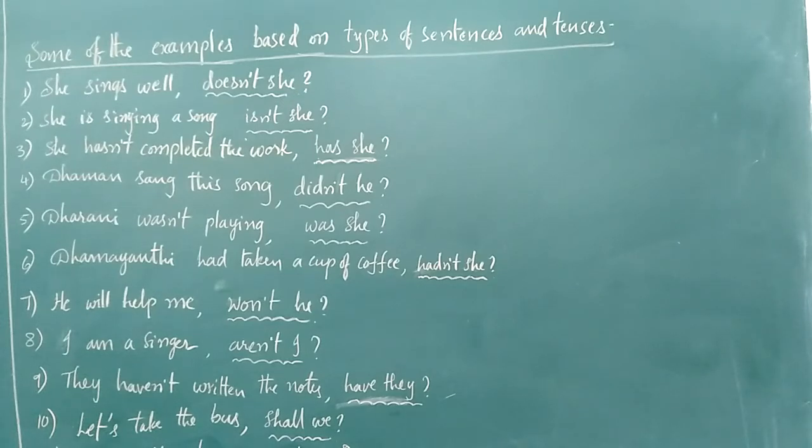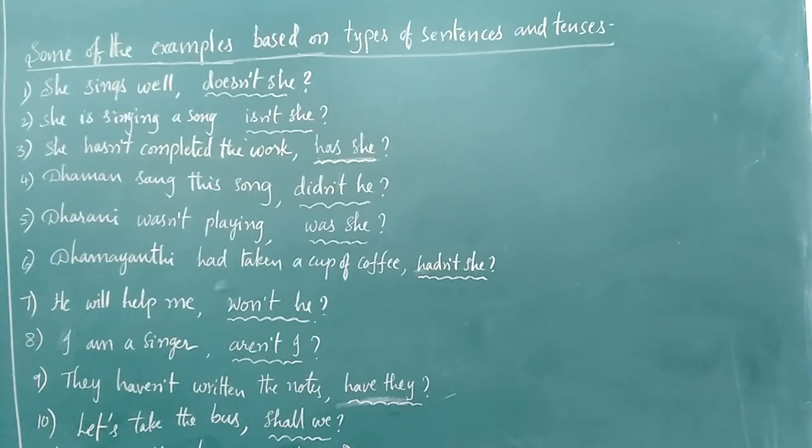And the fourth sentence, if you observe, Daman sang this song. It is in simple past tense. The statement given is positive, that's why we write a negative question tag. So we use didn't he. Since there is no helping verb, we used did.